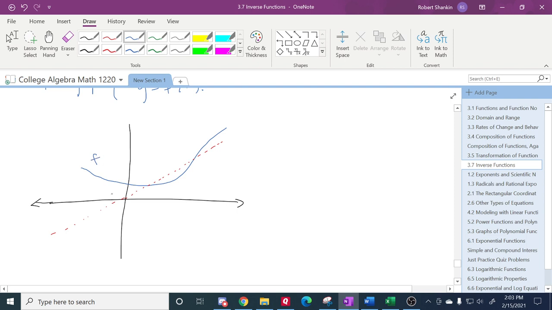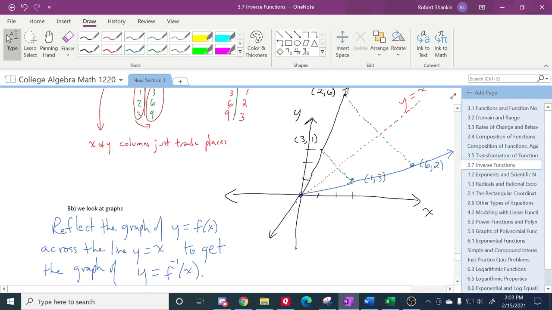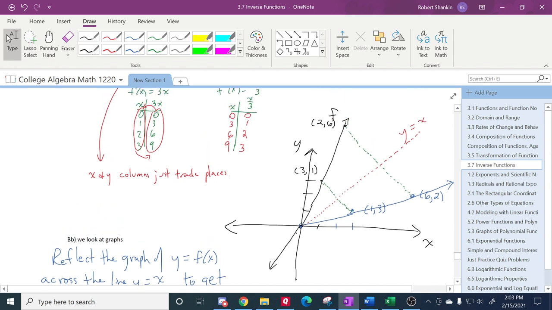Let's call that f. Let me make my new function the inverse function, f inverse. Well, the only points that didn't move were on this line, y equals x. So it's as if we fold our paper along the line y equals x. If we wrote the original function with wet ink, and we fold our paper along this line y equals x, where the wet ink leaves ink, that's the new function, the inverse.